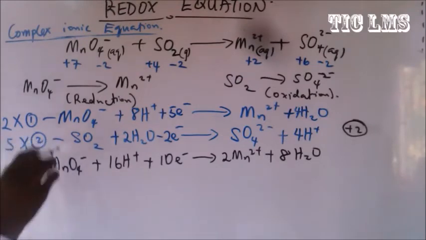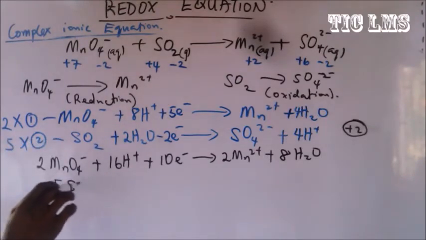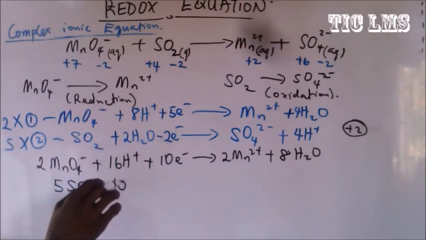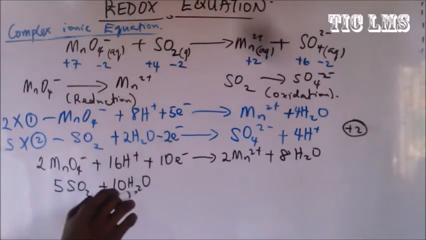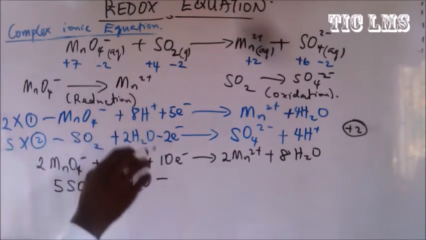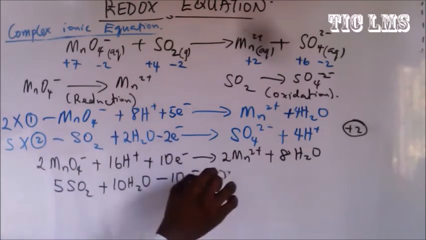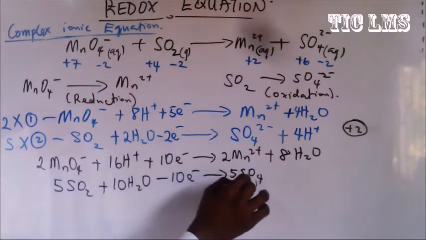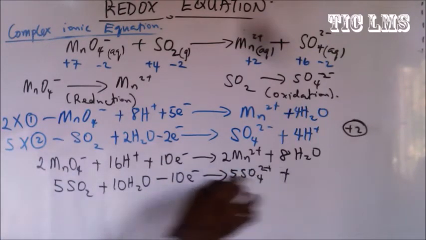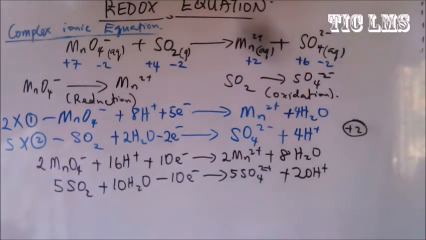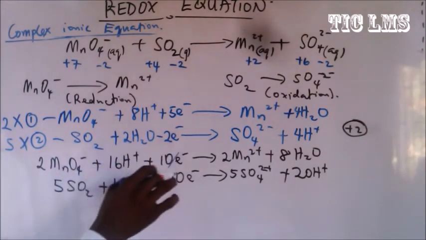Next, we have 5 here, so 5 multiplies it, that's 5SO2 plus 5 times 2, that's 10H2O, minus 5 times 2, that's 10e minus, and then 5 multiplies it, that's 5SO4 2 minus, plus 5 times 4, that's 20H plus. Next, the electron here cancels out the electron here. So this electron is gone.